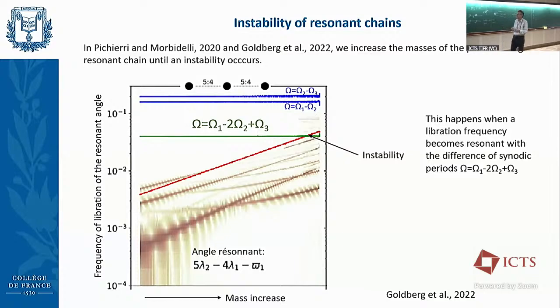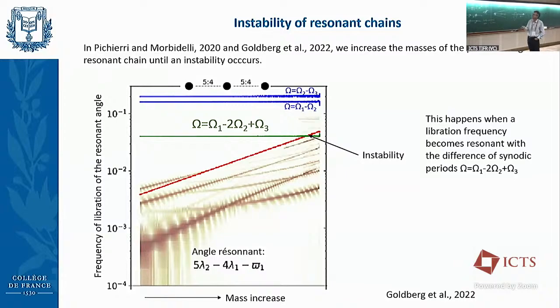And we try to understand why it breaks up. And what we found is that, for instance, in a simple resonance chain, like 3 planets in 5:2, 5:2, but this is true in general, as we increase the planetary masses, the libration frequencies in the resonance chain become faster, because they depend on the planetary masses. So these are the various libration frequencies measured numerically in Fourier analysis, and they become faster.